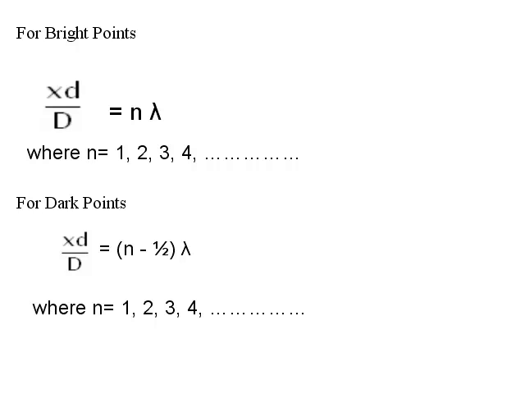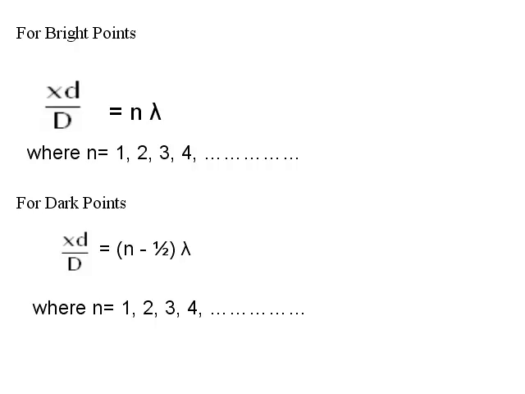For bright points, this path difference should be n lambda. Thus, for bright points, xd upon D is equal to n lambda, where n is 0, 1, 2, 3, 4, etc. For dark points, this path difference should be n minus half into lambda, that is odd multiple of half wavelength.